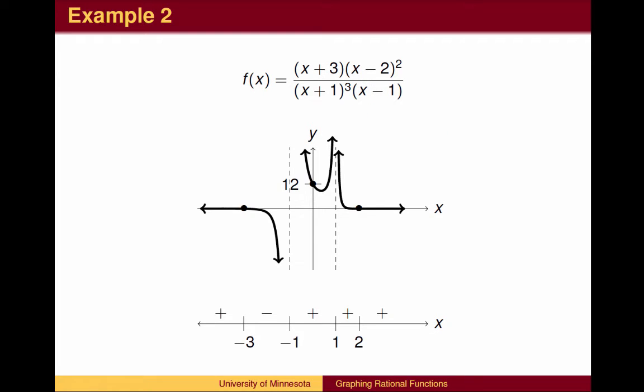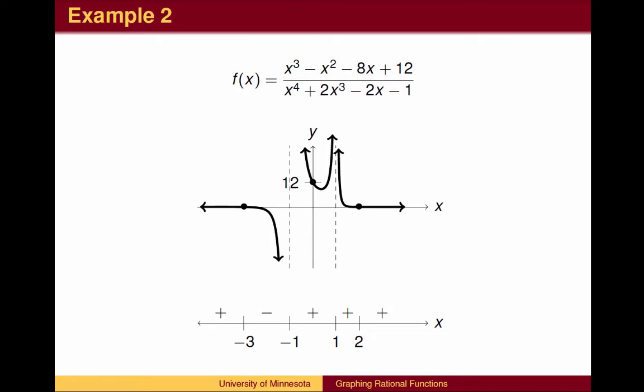Here is a similar example. All that has changed is the powers on two of the factors. The graph will now have a y-intercept of 12, the same x-intercepts, and vertical asymptotes as before, and the same intervals on which it is positive and negative. Let's take a closer look at the end behavior. It is easiest to do so using the expanded form.